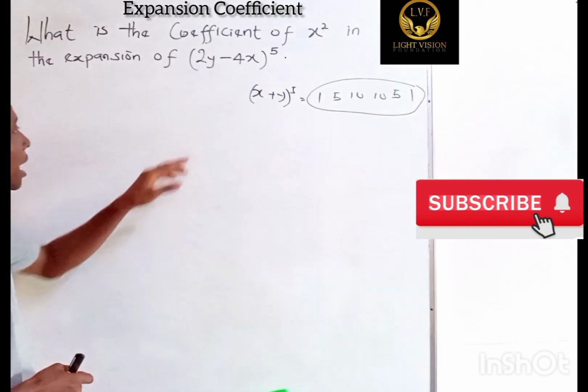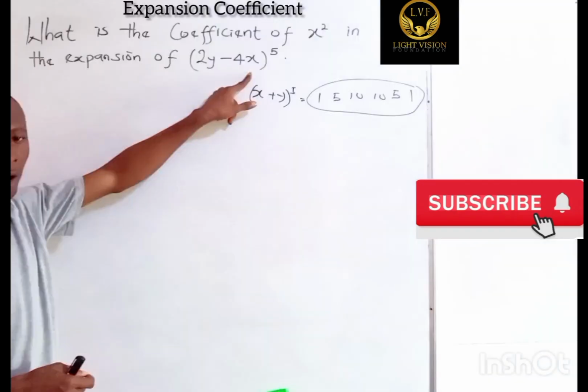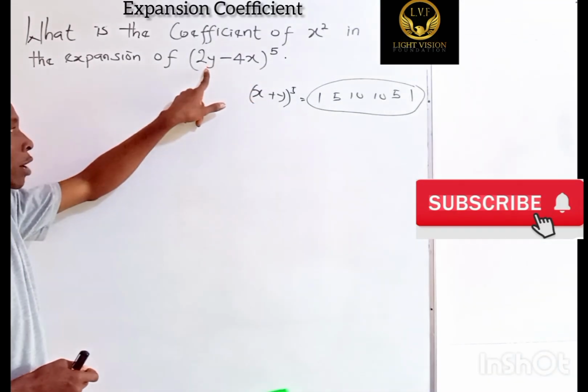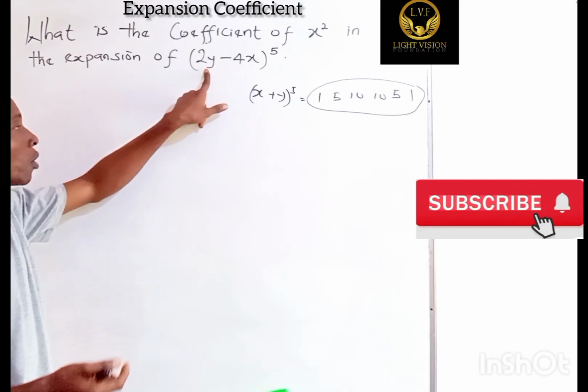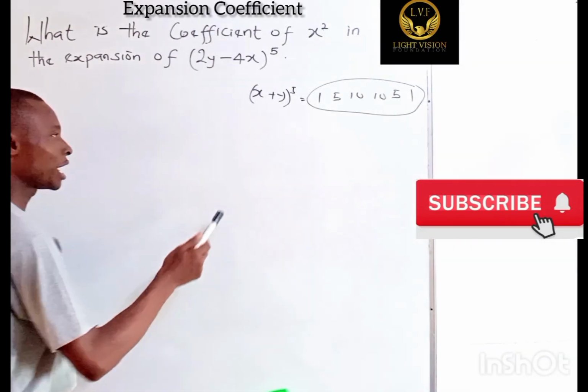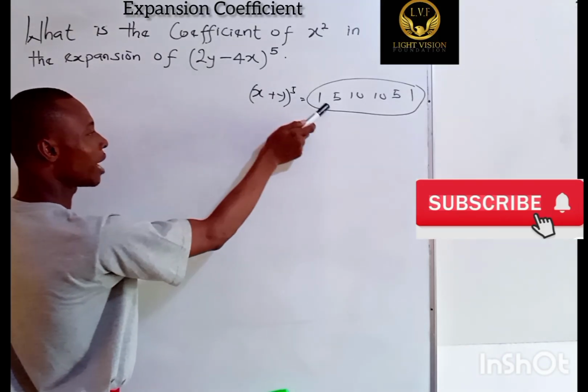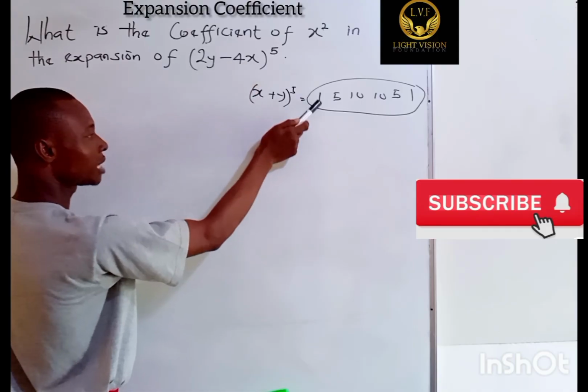Now notice that here we have 2y in the first term and −4x in the second term. So 2y will be decreasing, while the second term will be increasing. Now you check, when we use the first coefficient, the power of y is 5, the power of x is 0.